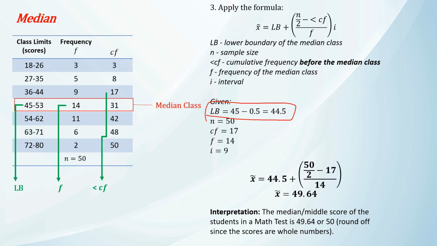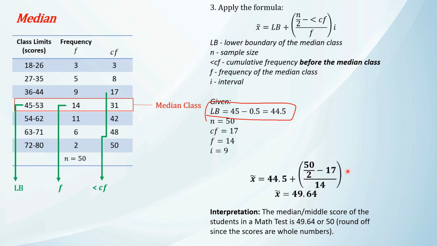So, substitute the givens. 44.5 is our lower boundary. N is 50. And your less than cumulative frequency is 17. Why 17? Because less than CF is the cumulative frequency before the median class. So, the cumulative frequency before the median class is 17.